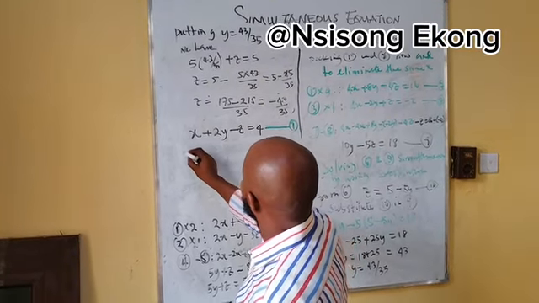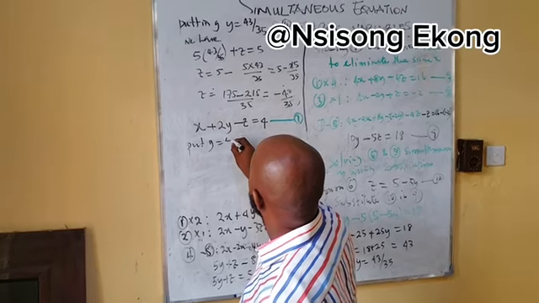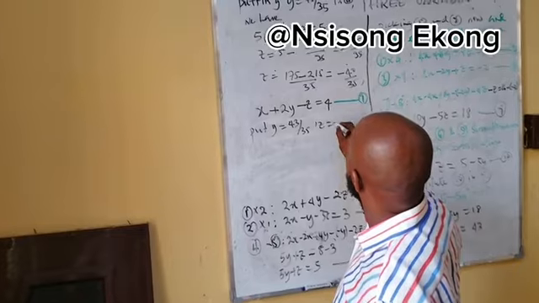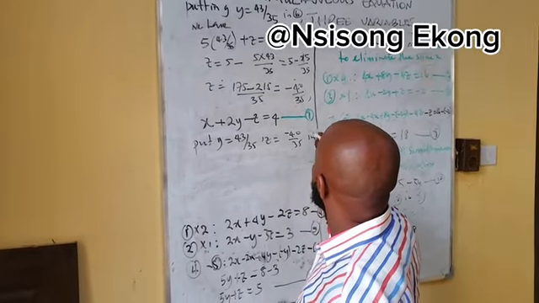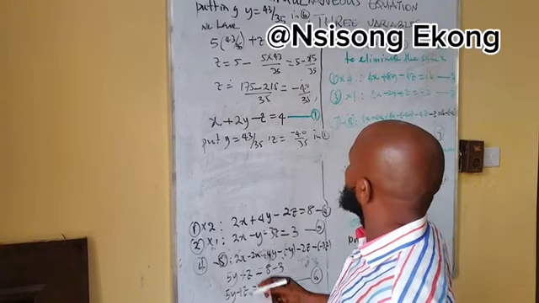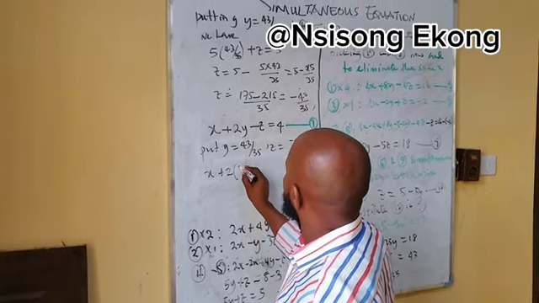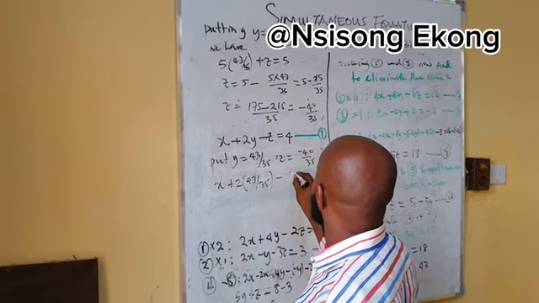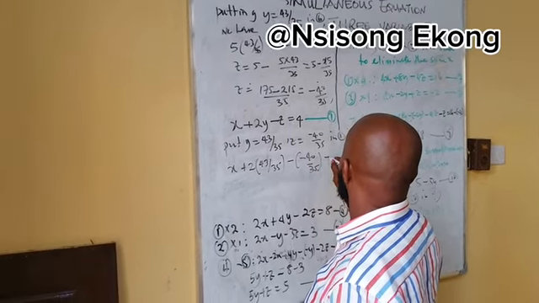Okay, so put y equals 43 over 35, z equals minus 40 over 35, in equation 1, we now have x plus 2 into 43 over 35 minus 40 over 35 equals 4.